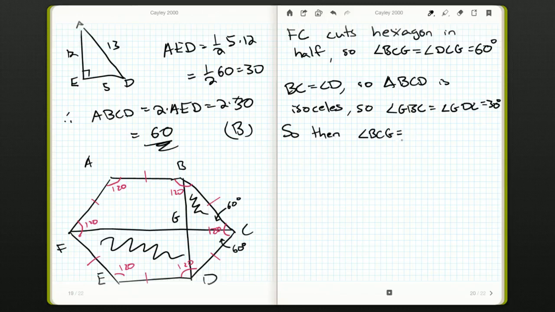So BGC, sorry, is the 180 degrees for a full triangle, minus the 60 degrees for BCG, minus the 30 degrees for GBC.